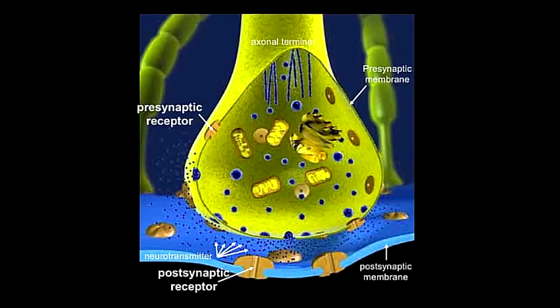Here you see the scheme of a synapse, and the synapse has postsynaptic receptors, presynaptic receptors, and transmitters. The transmitters are released by the presynaptic axonal bouton, and they bind to receptors, either postsynaptic receptors or presynaptic receptors.